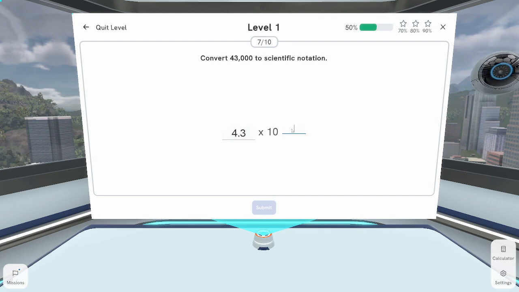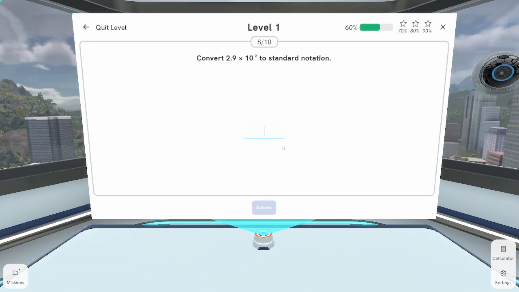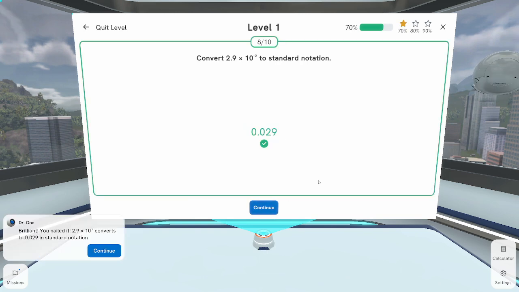Excellent work. You're correct. 43,000 in scientific notation is 4.3 times 10 to the power 4. Brilliant! You nailed it! 2.9 times 10 to the power minus 2 converts to 0.029 in standard notation.